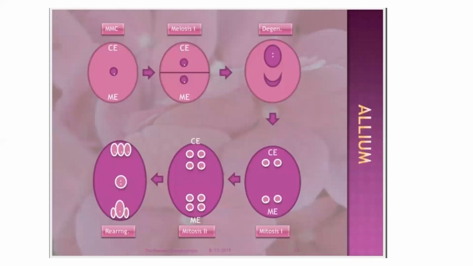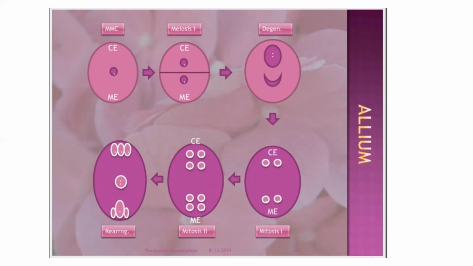So the bisporic embryo sac is classified into 2 types. First is the Allium type and the second one is the Endymion type. So this is the Allium type of the bisporic type. This is the megaspore mother cell. The Allium type was first described by Strasburger.